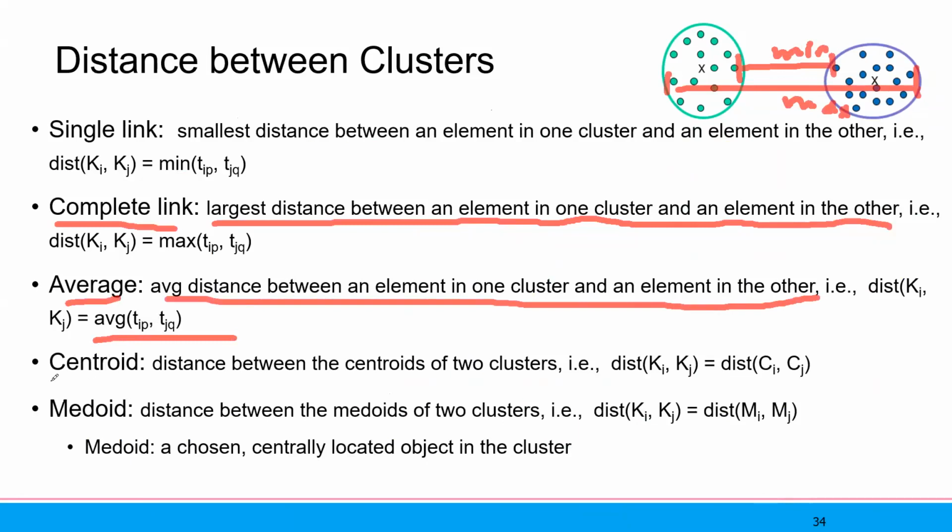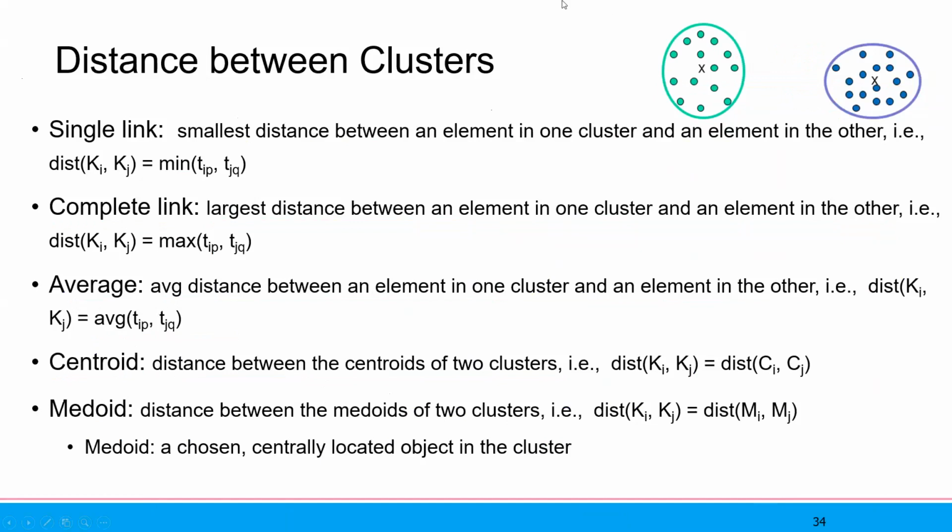The other way is to calculate the centroid. As in K-means, we can calculate the centroid: the distance between the centroids of two clusters. After we group here and here, we can calculate the distance between the centroids. Or we can find the medoid, and measure the distance between the medoids of two clusters.